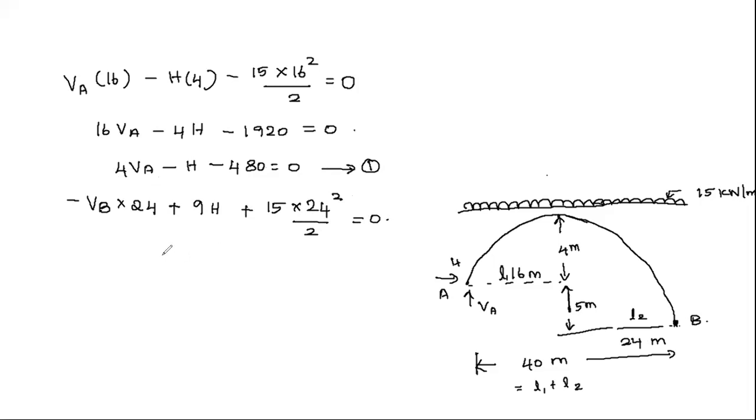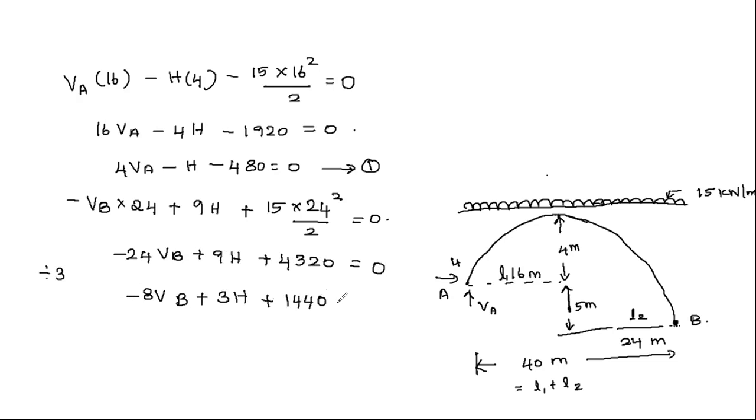When we try to solve this, we will have minus 24 VB plus 9H plus 4320 is equal to 0. Dividing by 3 throughout, we will have minus 8 VB plus 3H plus 1440 equal to 0.